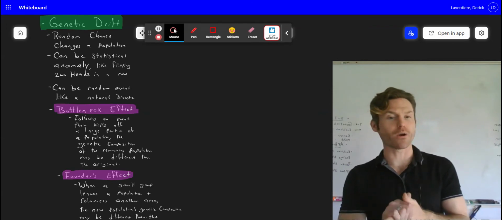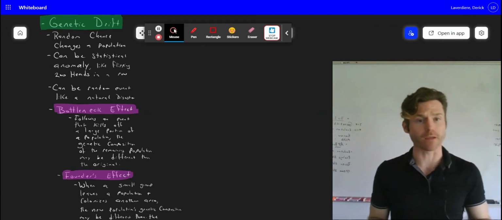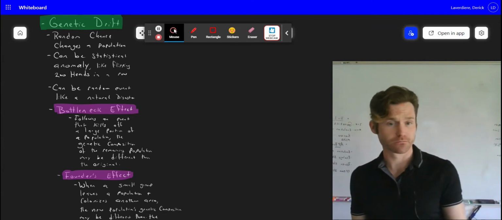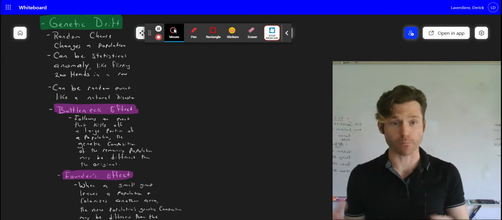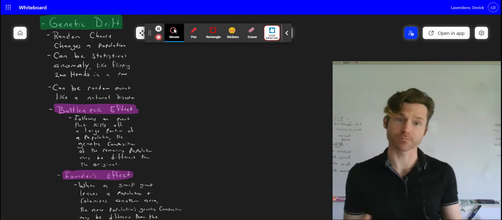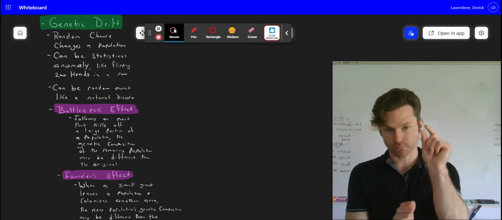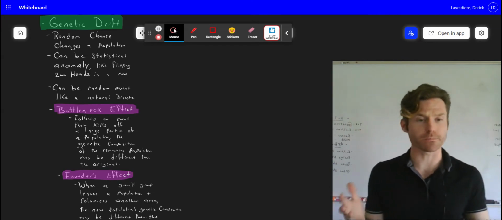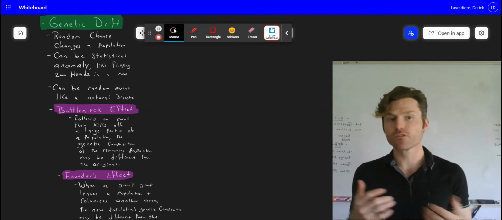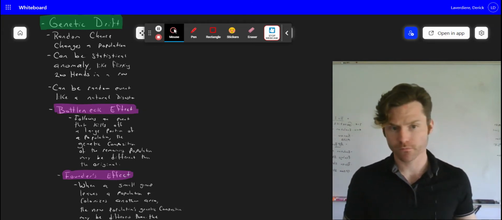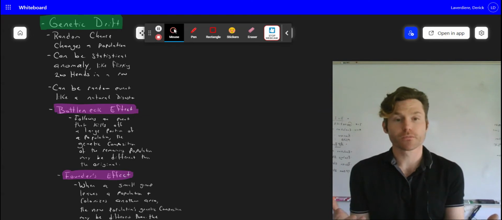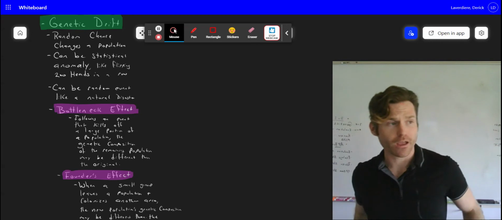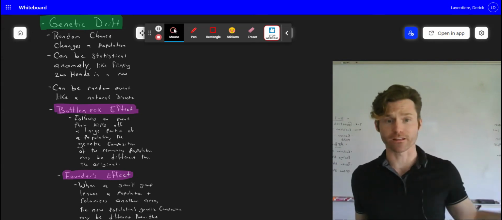If I were to ask you to flip a coin 100 times, you may very well flip 100 heads. It's not likely, it's not probable, but it's possible. And so sometimes genetic drift shows up like this. It's literally just through the course of random mating that one of the alleles gets reduced or increased by happenstance. In severe cases, it can just be entirely eliminated.